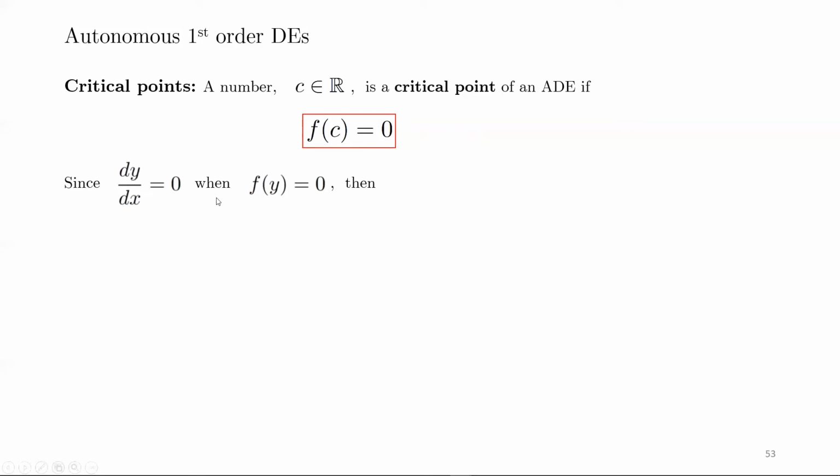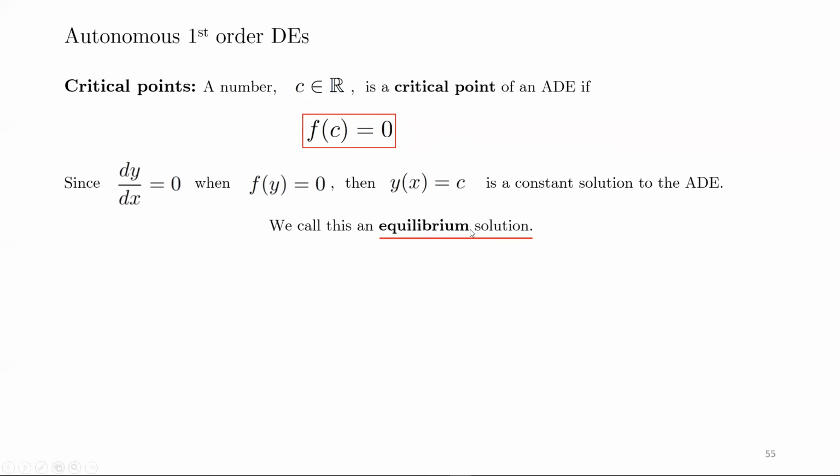So if we have this value of y such that the slope is equal to 0, then we call that value a constant solution to the autonomous differential equation. If we have y equal to some number c such that dy by dx is equal to 0, then y equals c is a constant solution to the ADE, and we call that solution an equilibrium solution.